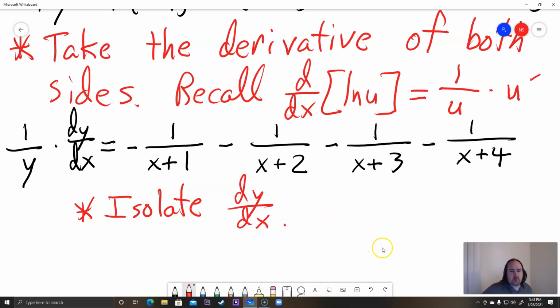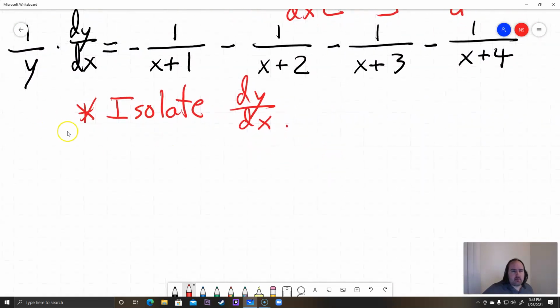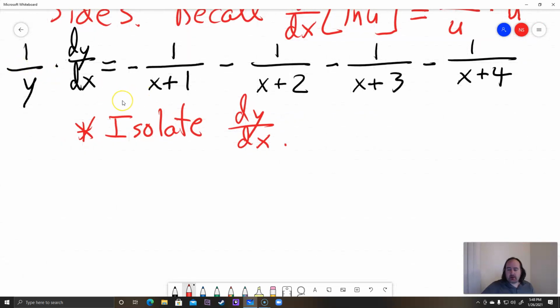So for that one, to isolate dy dx, we just need to get rid of the 1 over y by multiplying both sides by y. Okay? So we'll go ahead and multiply both sides of this equation by y, and that's going to give us dy dx on the left side, and then on the right side I'll put parentheses around the right side.